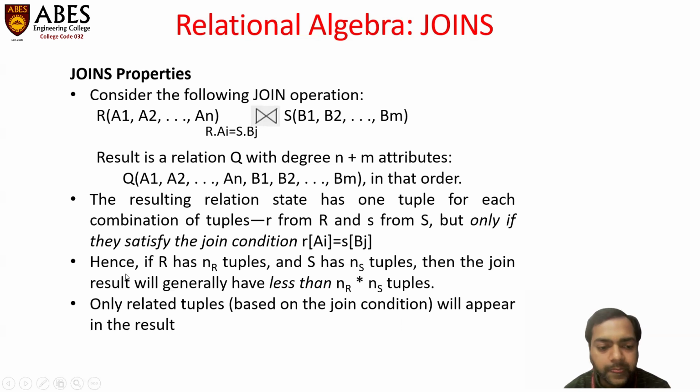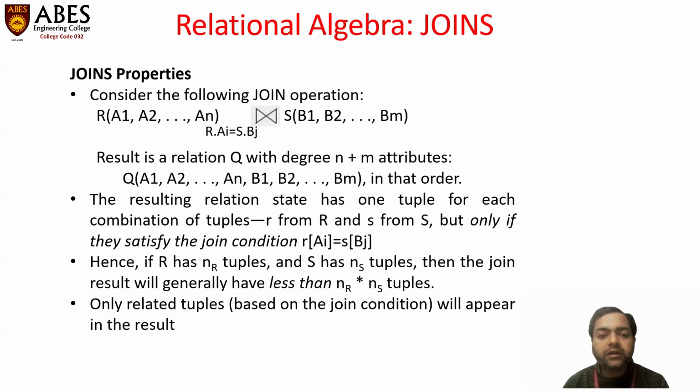Okay. Now, if R has nR number of tuples and S has nS number of tuples, then the join result will generally have less than nR times nS number of tuples. What does it mean? We have seen that in the case of Cartesian product, if relation R has n number of tuples and relation S has m number of tuples, the resultant relation will have n into m number of tuples.